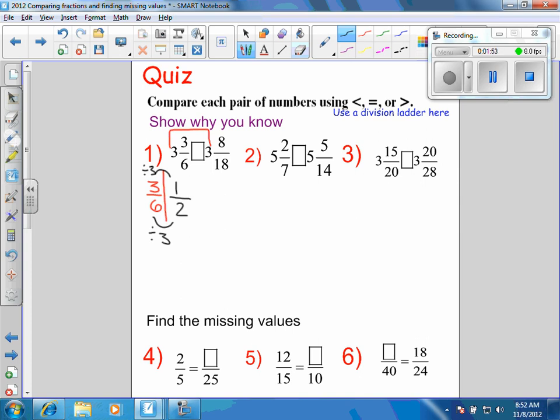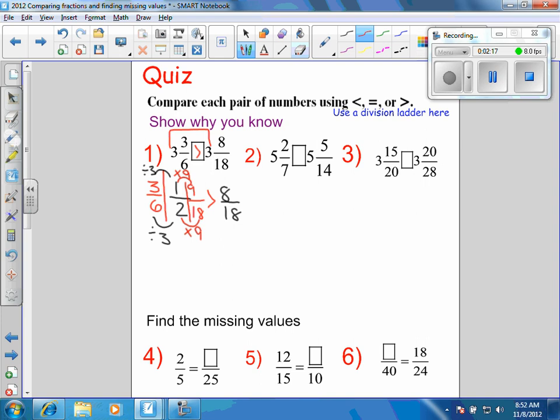So we're really comparing 1/2 to 8/18. And so if you think about that, we can now multiply 1/2 up, multiply the denominator by 9 to make an 18 here. And you can multiply the numerator by 9 to make a 9. So now we know that 9 is bigger than 8, so we have a bigger than.